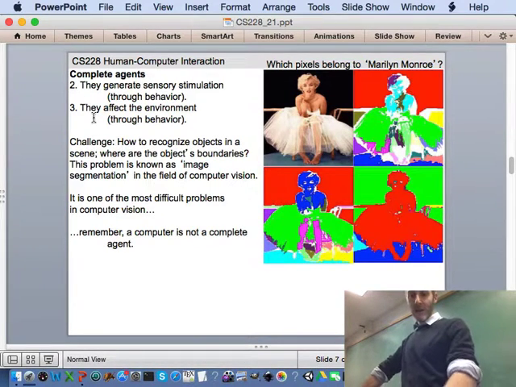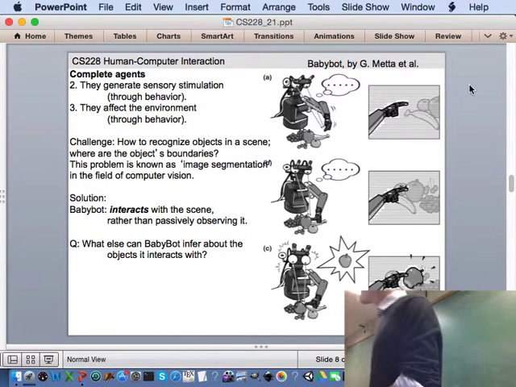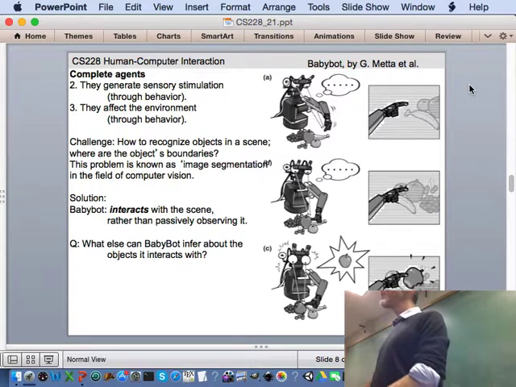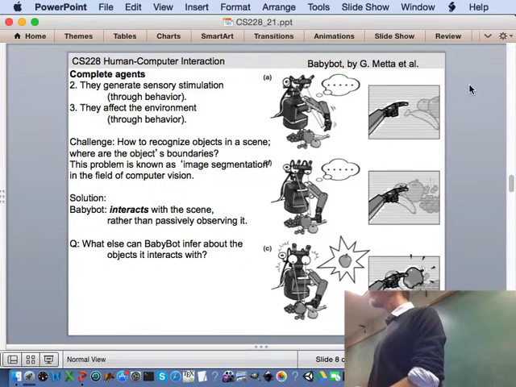Okay. So let me introduce you to BabyBot. Here's a cartoon picture of BabyBot up here. This was work done at MIT and Italy. And BabyBot was tasked with exactly the same problem, which in this case was not to recognize Marilyn Monroe, but to segment foreground from background.